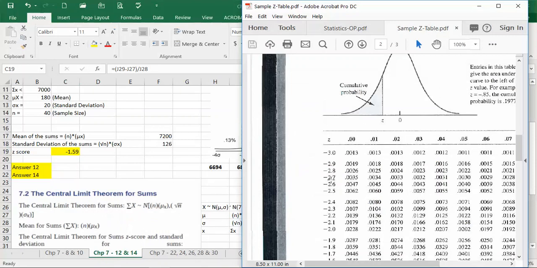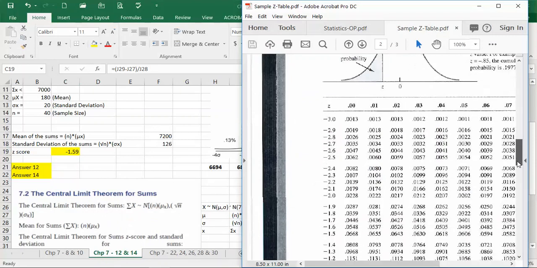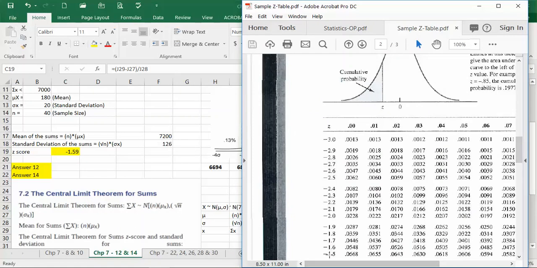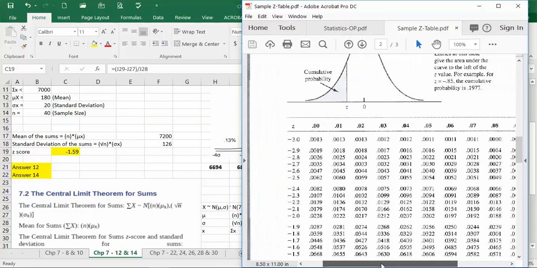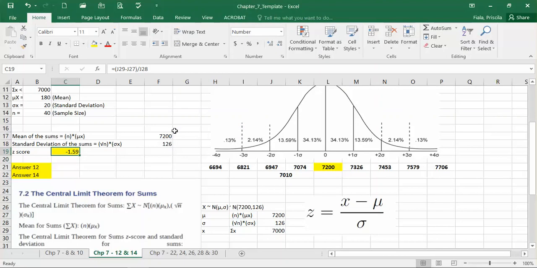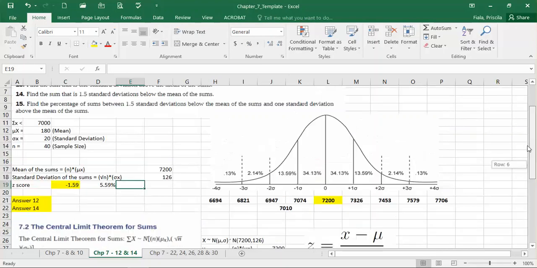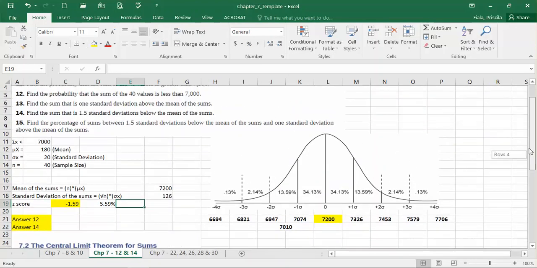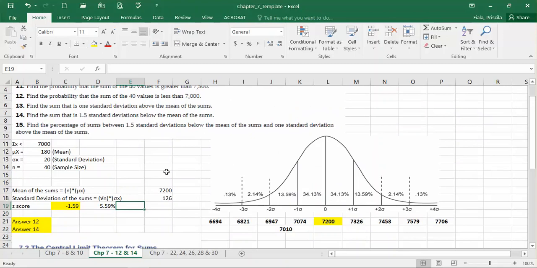The z-value is -1.59, so -1.5 right here, and then 59 all the way over here, which is 0.0559. So your percentage would be 5.59. So the probability that the sum of the 40 values is less than 7,000 is 5.59%.